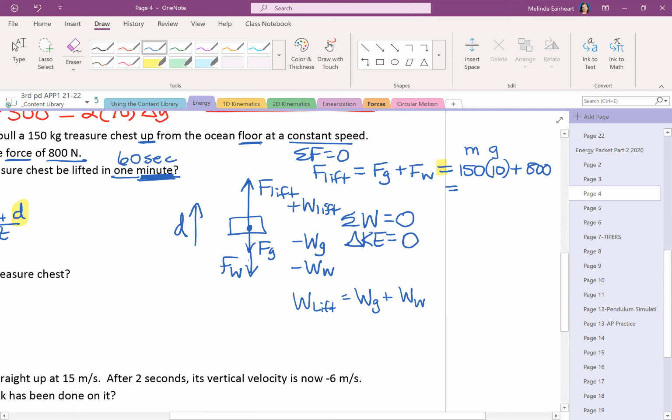And what's 1,500 plus 800? 15 plus 8? 2,300. That's newtons. We have not done joules. That's newtons. And that's our lift force. Everybody good? So now I can take that lift force and take the time and the power given, and we can solve for the distance.